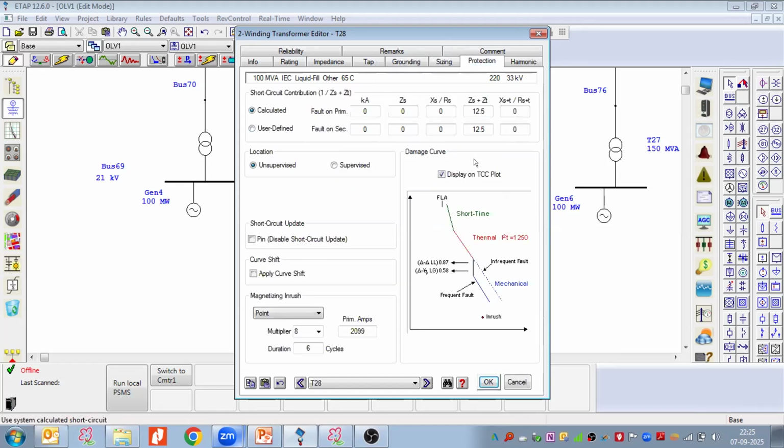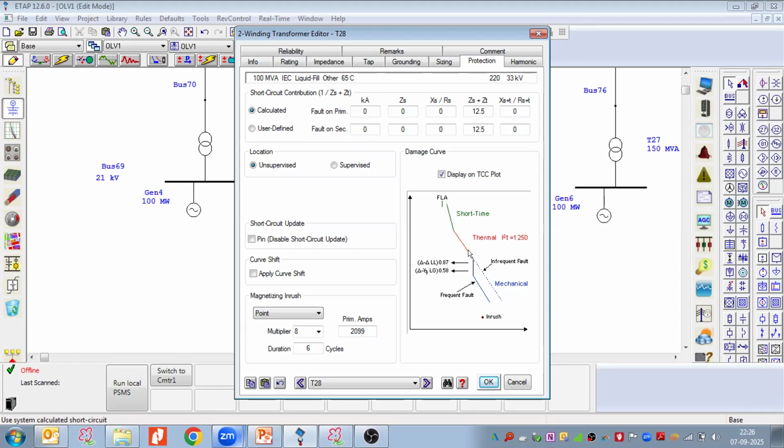Then we have the protections. This is important for relay coordination purposes. This is the thermal curve, or damage curve, of the transformer. Taking this damage curve, when we do the relay settings, we also consider this curve. All the relay settings should be below this damage curve, because at this damage curve my transformer will be damaged.